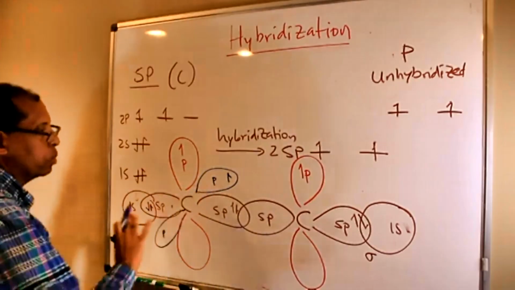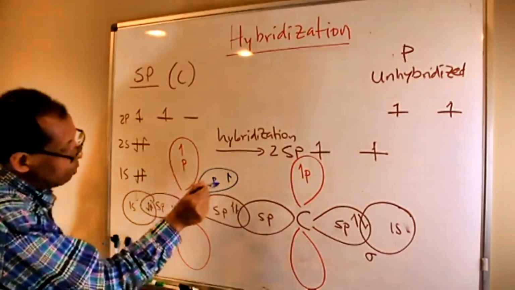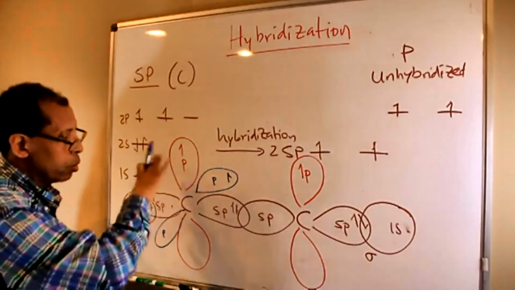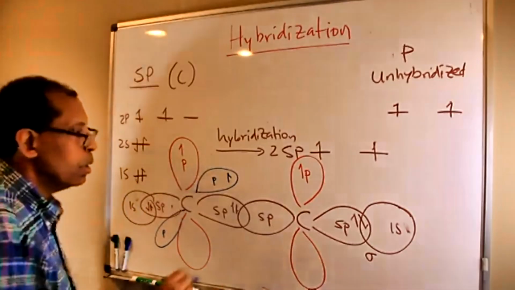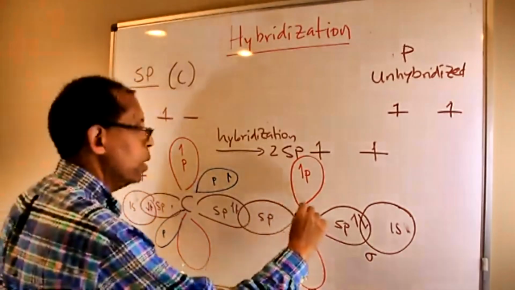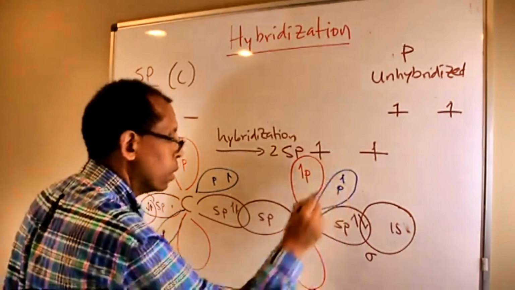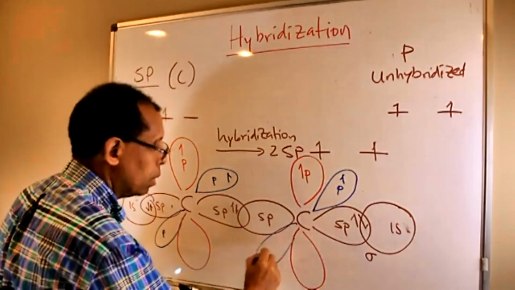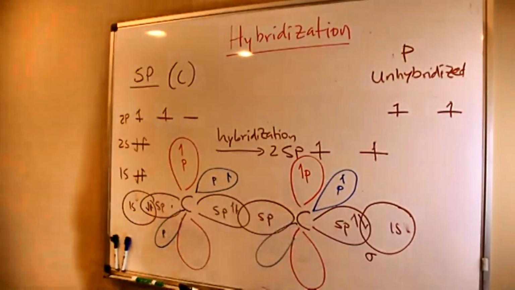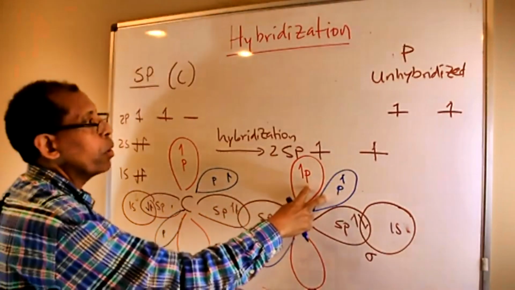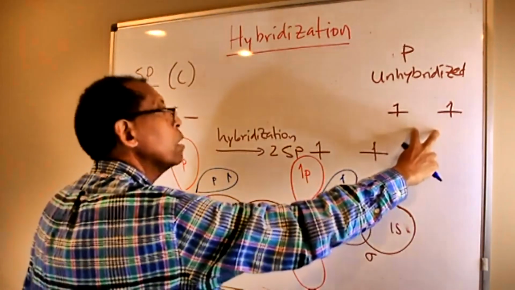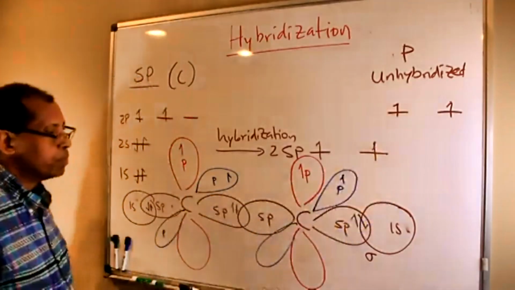So this p orbital and that p orbital are 90 degrees to one another. This one also has a p orbital. So they look like this.